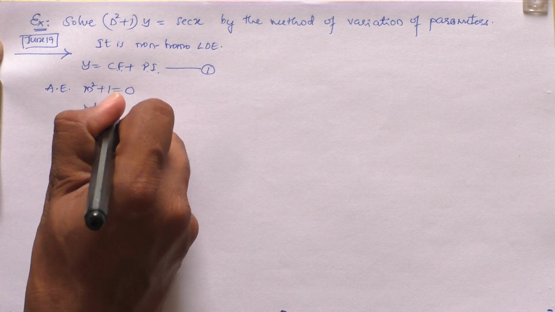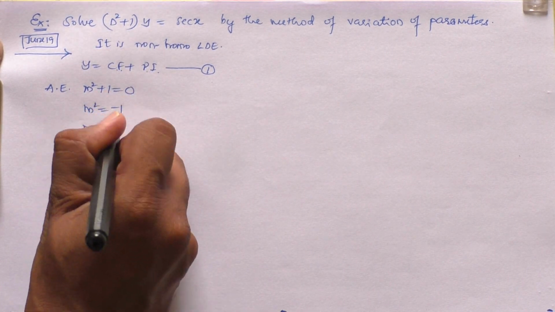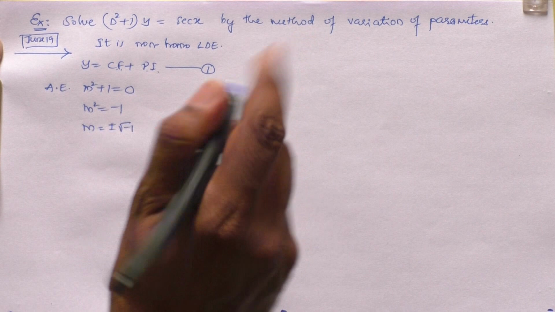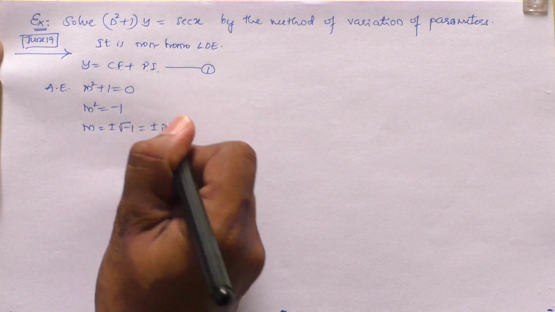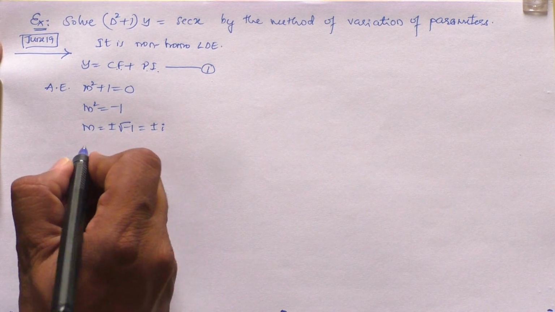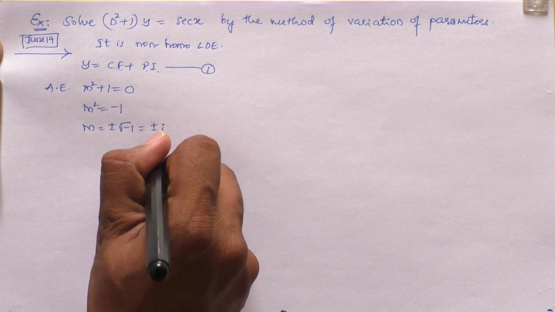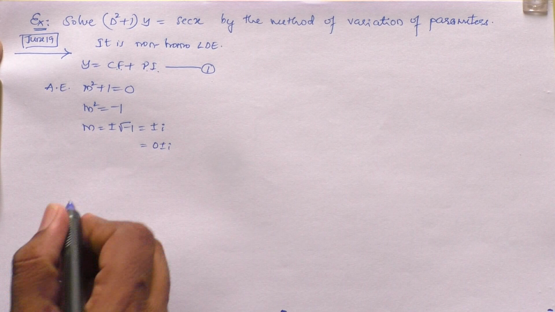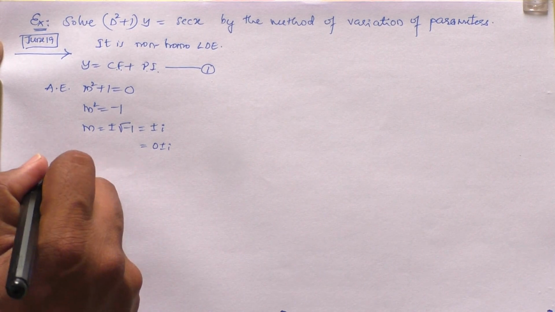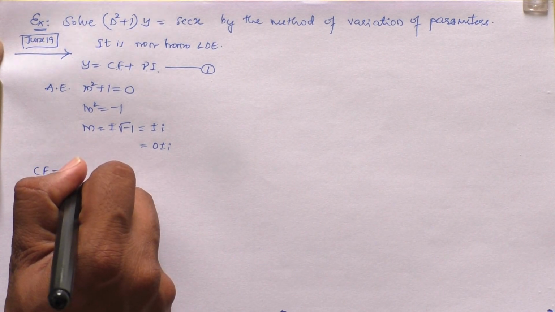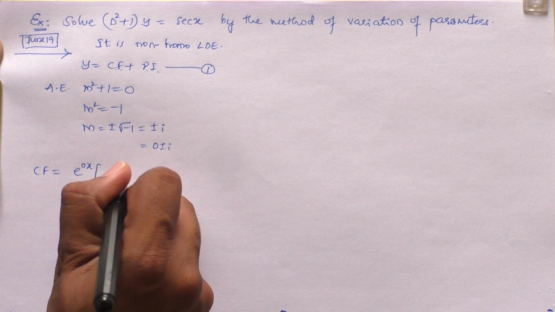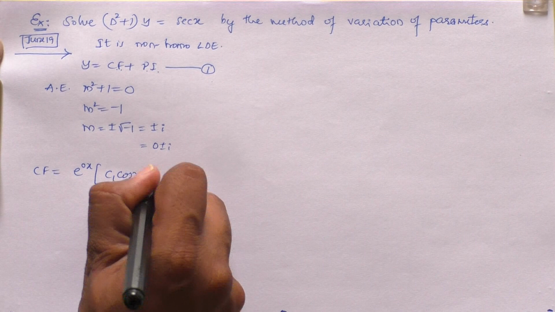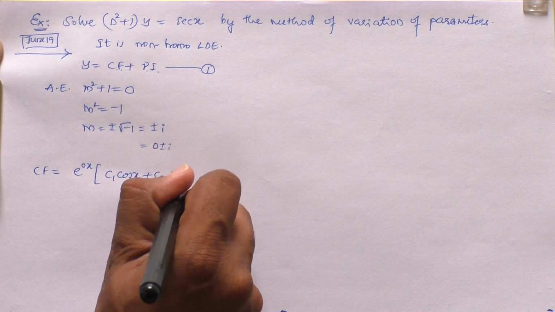Here m square equals minus 1, so m equals plus or minus square root of minus 1, which is plus or minus i. We can write it as 0 plus or minus i. So CF can be written as e raised to 0x times (C1 cos x plus C2 sin x).